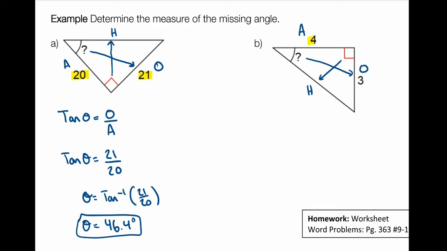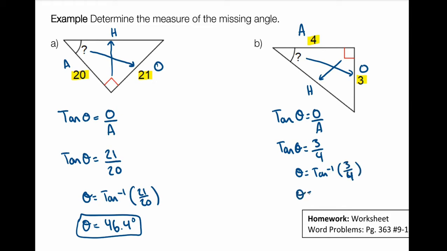Because again, I'm dealing with adjacent and opposite, I'm using tan, so tan theta equals O over A. Tan theta equals 3 over 4. To get theta by itself, I need to move the tan over, so tan negative 1 of 3 over 4, which again is just a calculation.